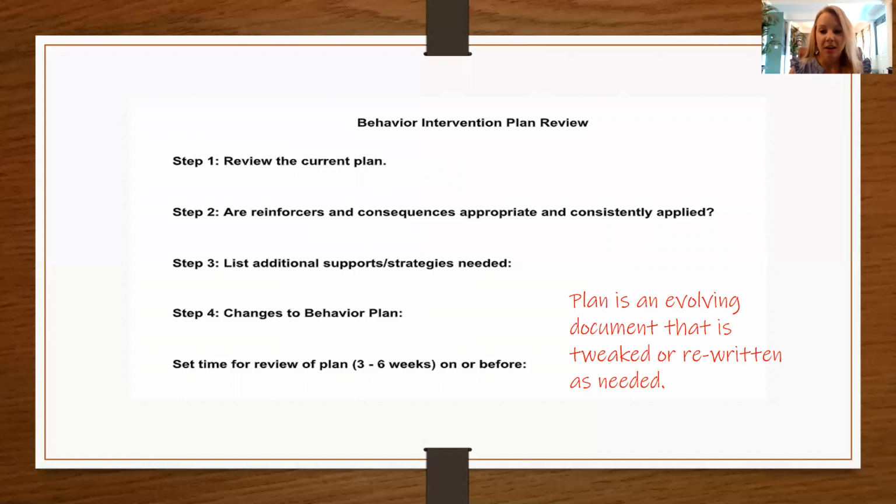If not, tweaking those. I know sometimes parents like to move away from the tangible rewards as a child becomes more proficient with following through and earning their rewards. As the child becomes older, the parents want to move them more toward those intangible rewards. Then, if there are any additional supports or strategies needed, sometimes you have met a few times and the student is still struggling with behavior, teachers are still struggling, parents are struggling.